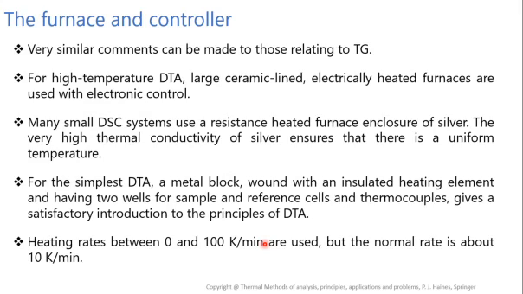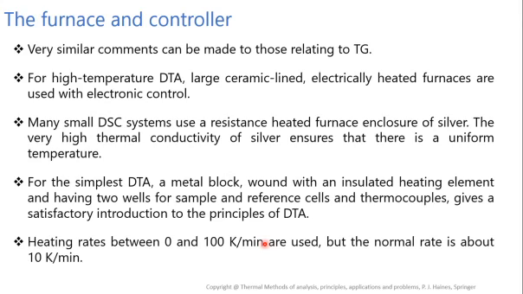Then the next one is the furnace and controller. Similarly to what we have seen in the TG, this furnace and controller have a similar kind of role. For high temperature DTA, large ceramic lined electrically heated furnaces are used with electronic control. Many small DSC systems use resistance heated furnaces enclosed in silver.